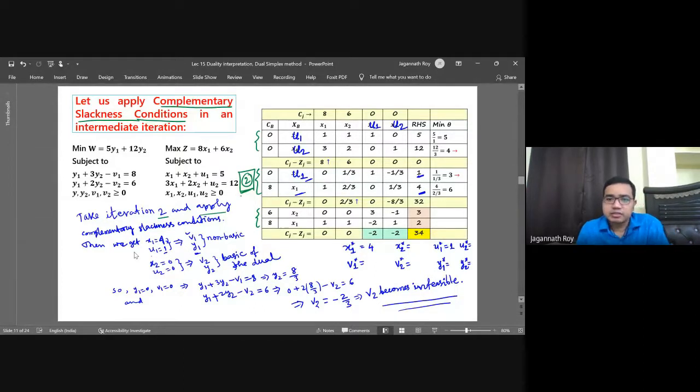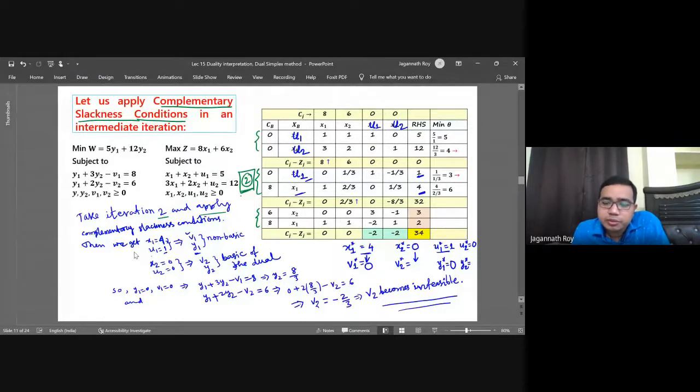So if we take this situation, then these two are 0. Since these two are basic variables, the corresponding non-basic variables, v1 and y1, will be 0.